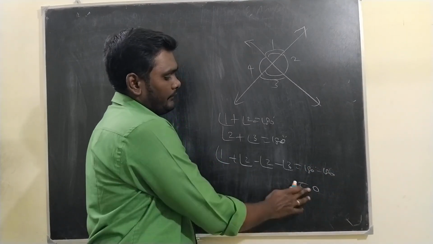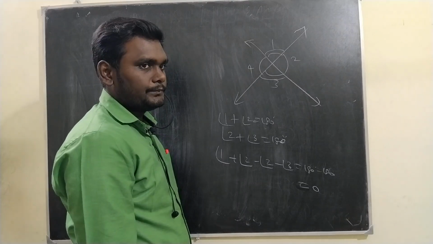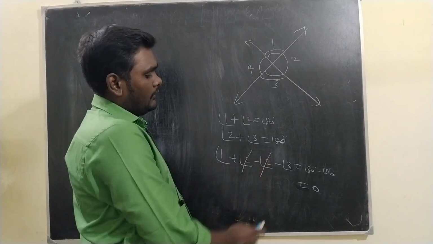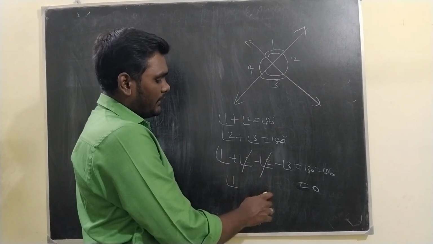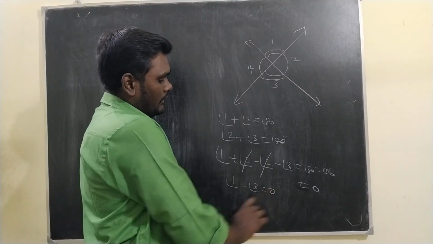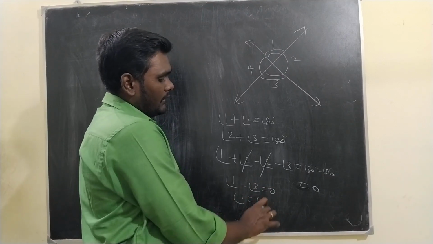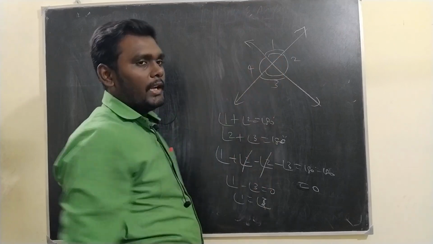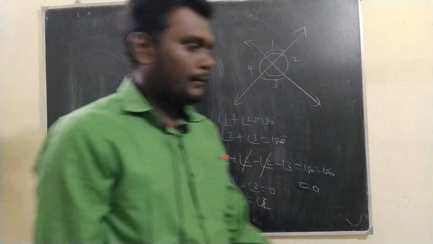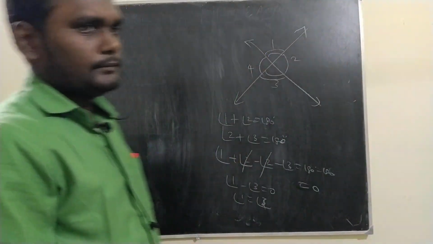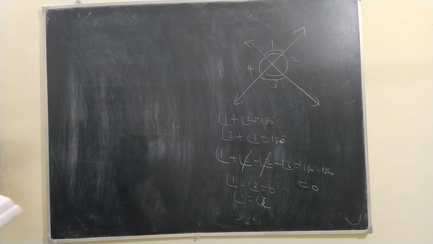How much? 0. So plus 2 minus 2 will get cancelled, and angle 1 minus angle 3 equals 0. We have angle 1 equals angle 3. Similarly we can prove the other pair also equal. Got it? Okay?